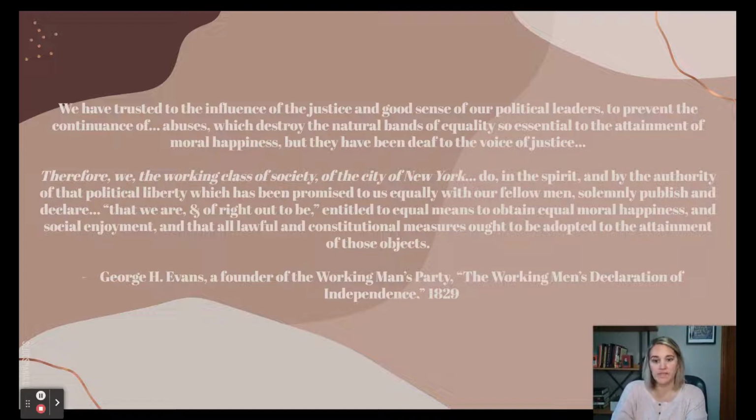Therefore, we, the working class of society of the city of New York, do, in the spirit and by the authority of that political liberty which has been promised to us equally with our fellow man, solemnly publish and declare that we are, and of right ought to be, entitled to equal means to obtain equal moral happiness and social enjoyment, and that all lawful and constitutional measures ought to be adopted to the attainment of those objects."